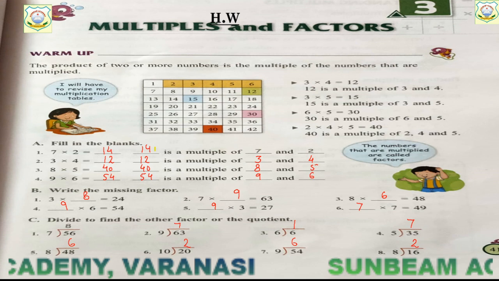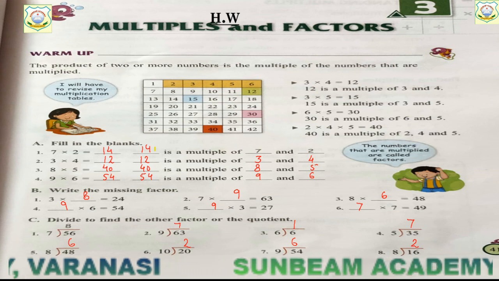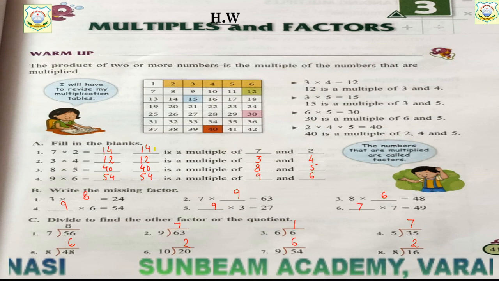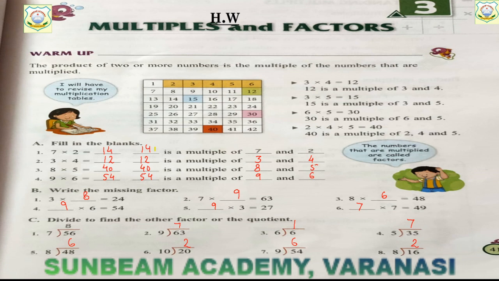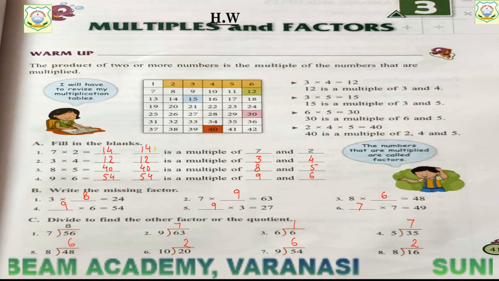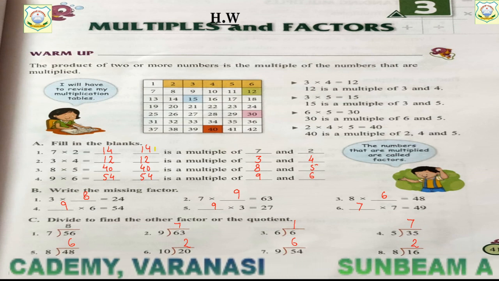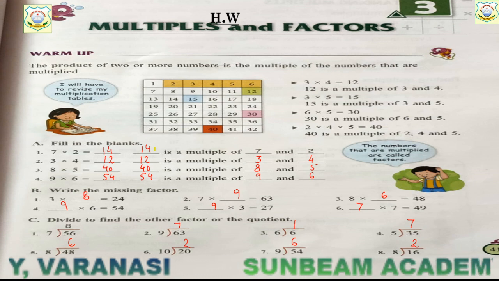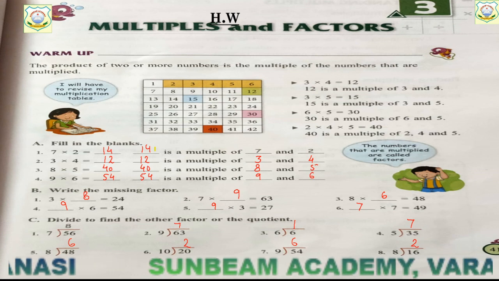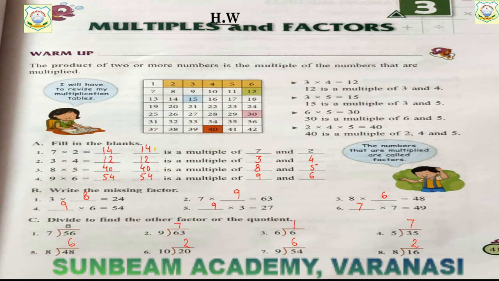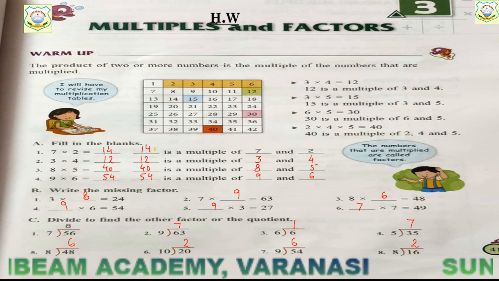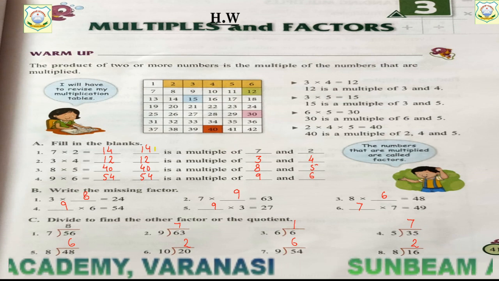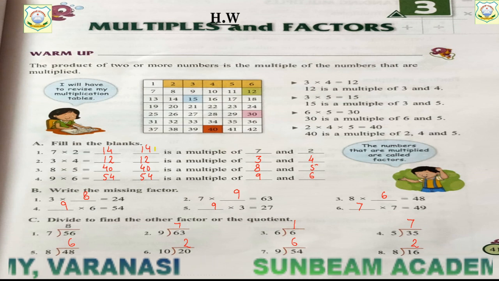Next, question B, check your answers. First is 8, second is 9, third is 6, fourth is 9, fifth is 9, sixth is 7. Check your answers. Now question C. First one is already done. Second, the answer is 7. Third, the answer is 1.